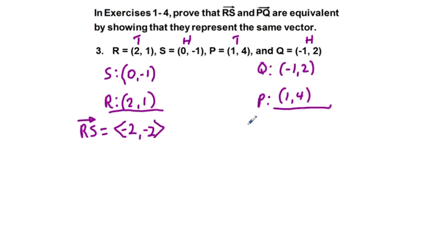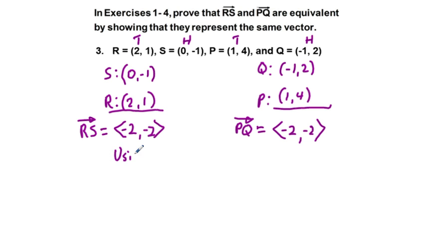Over here for vector PQ, that's going to be angular brackets, -1 minus 1 is -2, 2 minus 4 is -2. All right.